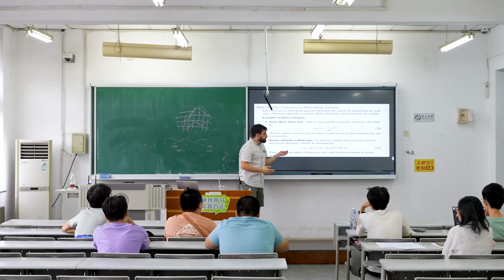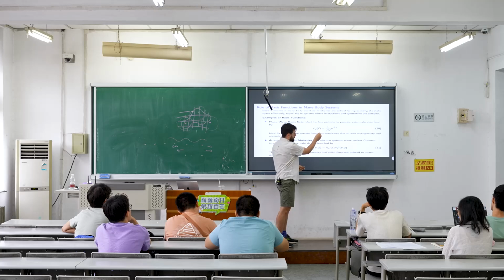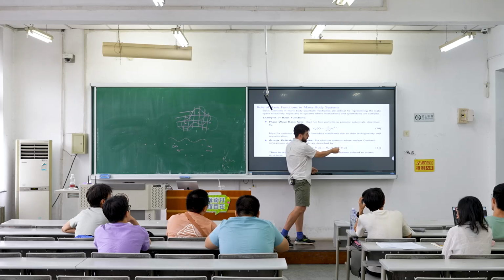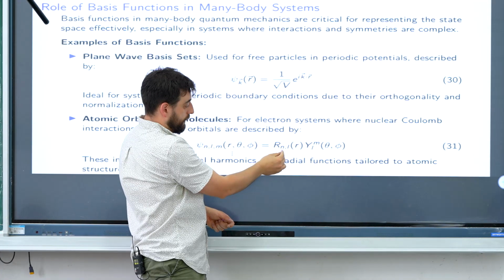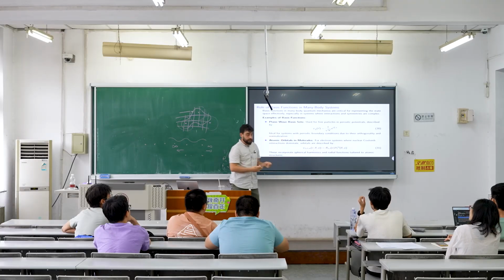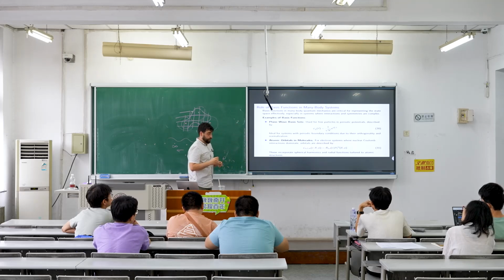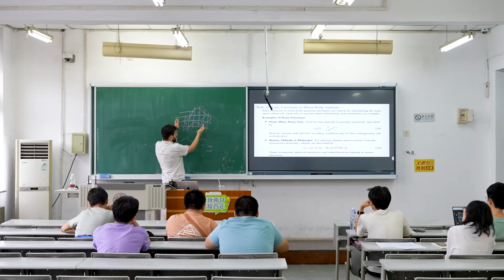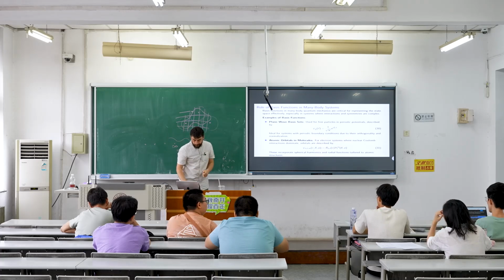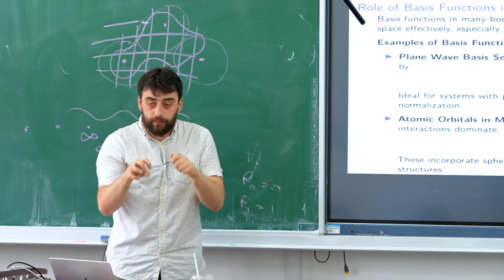You can see that each one has numbers associated with it. In this case, we've got the wave vector k. In this case, we've got our angular momentum, our magnetic quantum number, and our principal quantum number. If we add enough terms into these basis functions and add them together as a linear combination, we can make the wave function of our many-body system in theory. So we're using them as kind of building blocks.